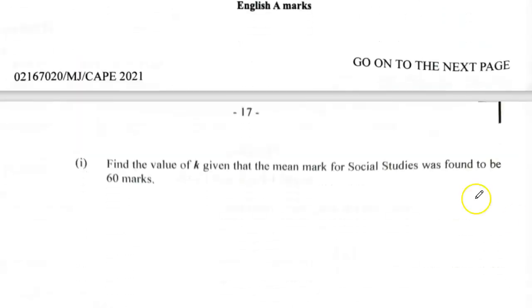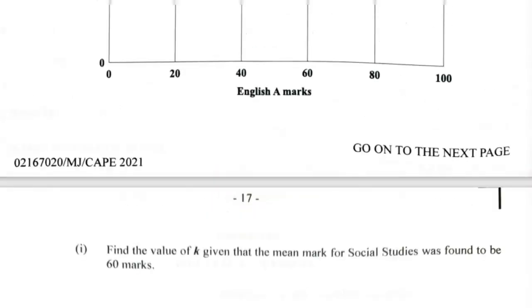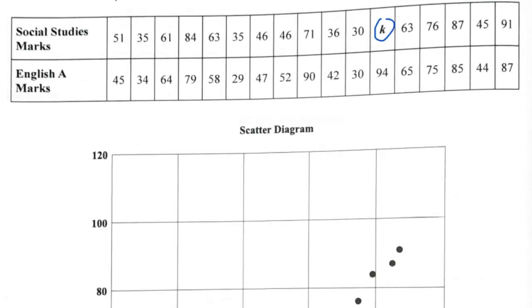So we are asked to find the value of k, given that the mean mark for social studies was found to be 60. So if we find the mean of all of those values, we should get 60.